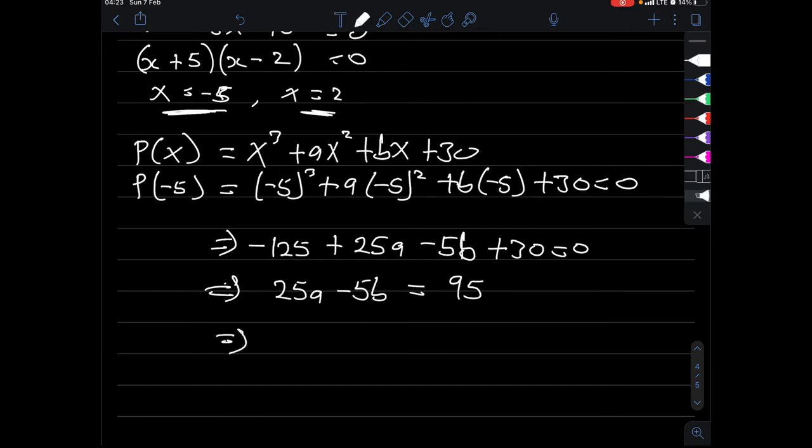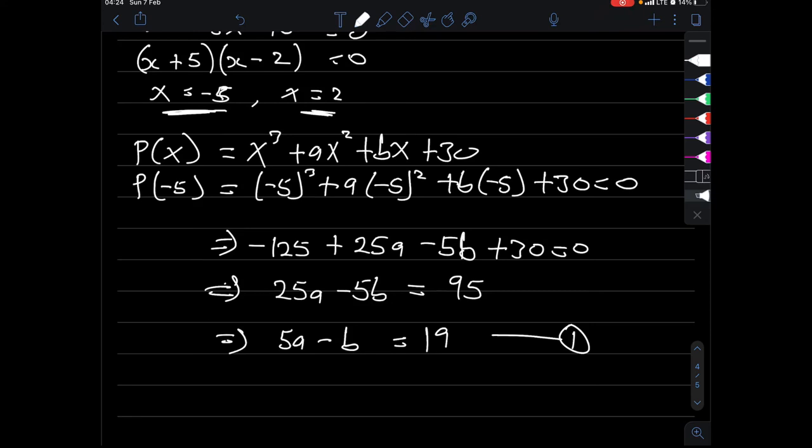You might want to simplify this. 5 goes here 5 times, this is 1s, and then 95 divided by 5 should be 19. Let's call this equation 1. The next thing we want to do is to put 2 into the polynomial and set it to 0, and we will find another equation. Then we solve the two equations simultaneously for the values of a and b.